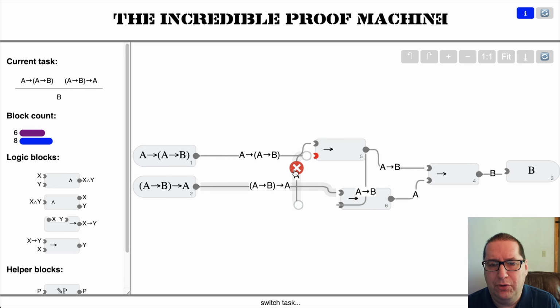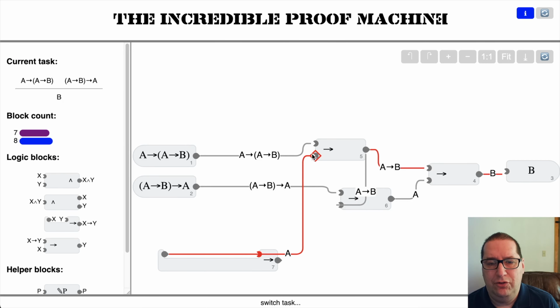So what are our sub-goals here? This needs an A. This is full. I think what we can do, maybe, is this is an A. We're going to get rid of this connection here where we're kind of escaping the bounds of our assumption.